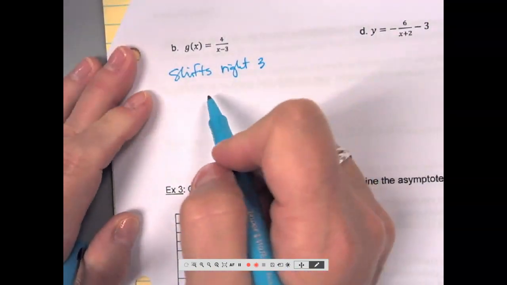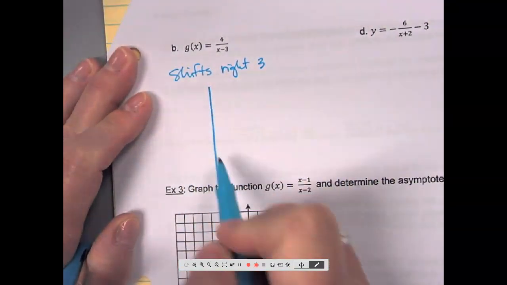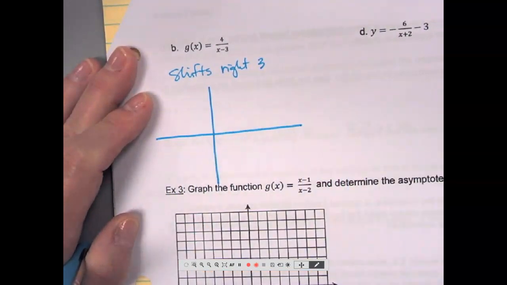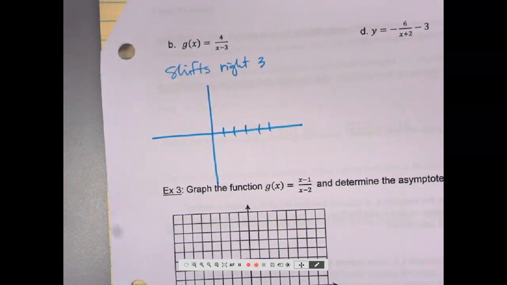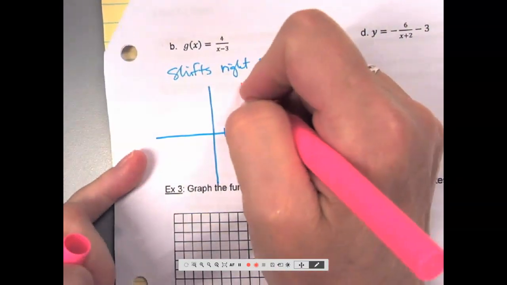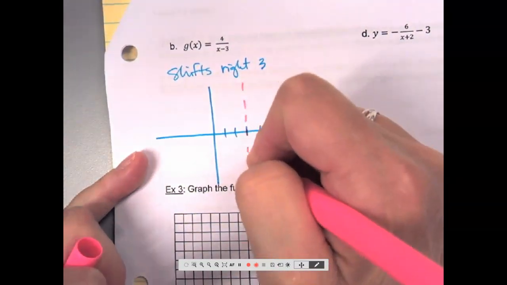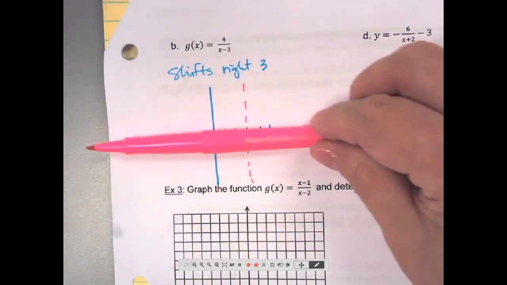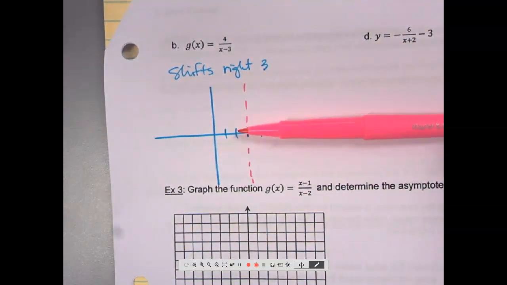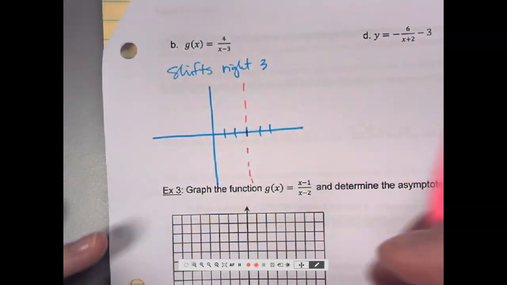Okay, so our graph needs an asymptote that shifts right 3. So everything will shift right 3, including the asymptote. Now, what about the horizontal asymptote? If I take this horizontal line and I shift it right 3, it's still along the x-axis.